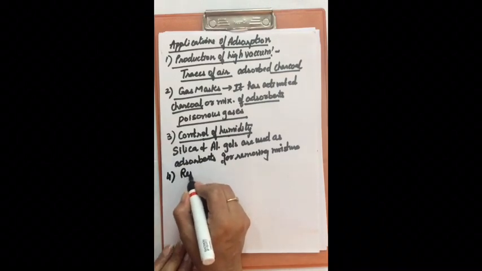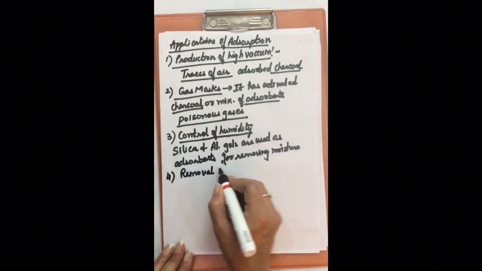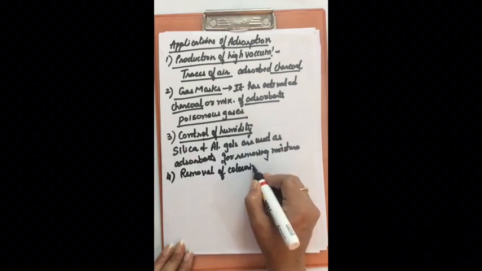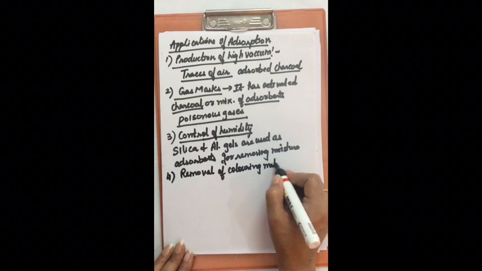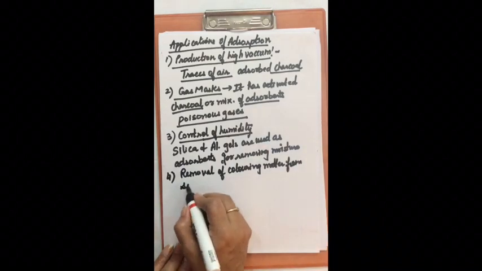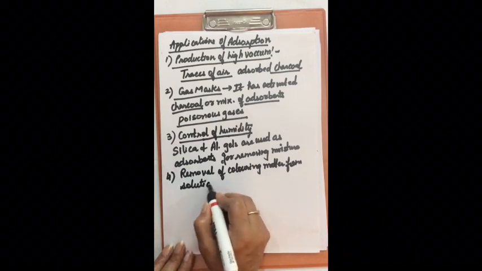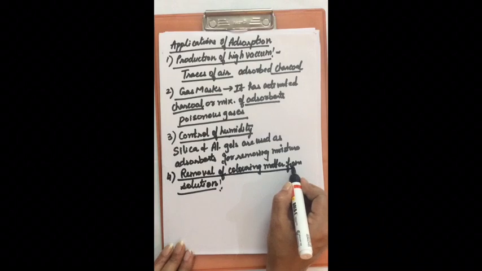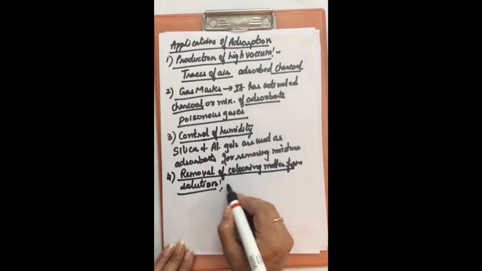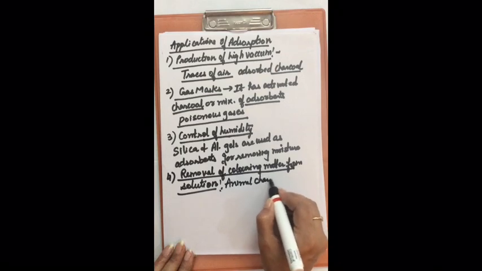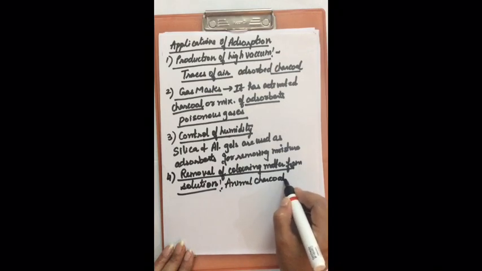Next application, removal of coloring matter, the colored material from a solution. If we want to remove colored material from a solution, then animal charcoal is used.